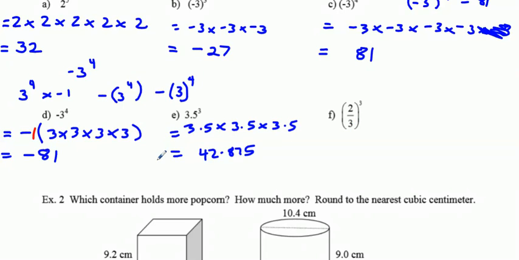So I want to talk a bit about decimals and fractions here. The rule in this course and throughout the rest of your high school career will be that if you see decimals in your original question, you will be allowed to include decimals in your answer. However, if you don't see any decimals in your original question, like this one, if you see a fraction, you cannot convert your fraction to a decimal and work with decimals.